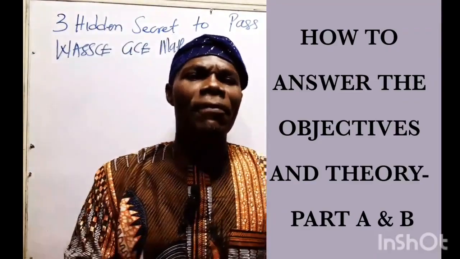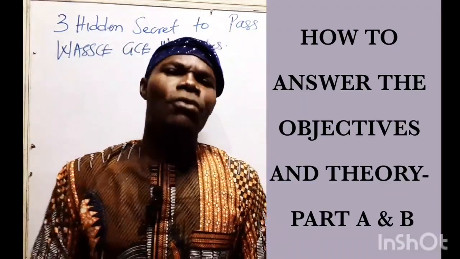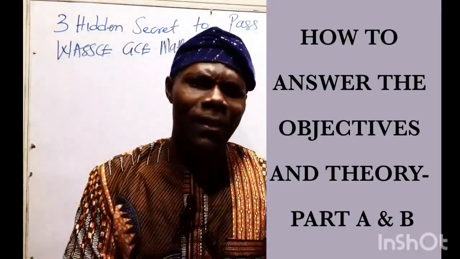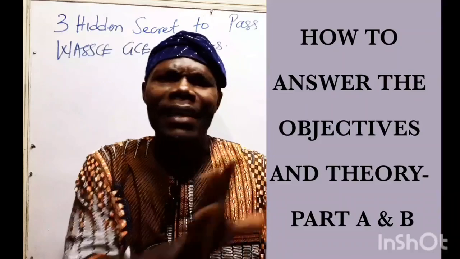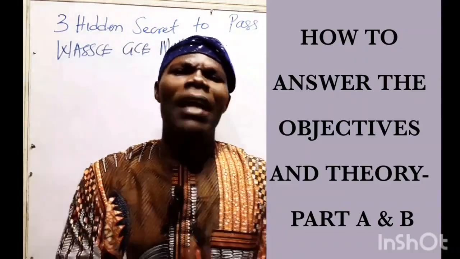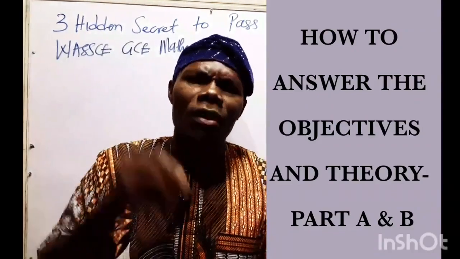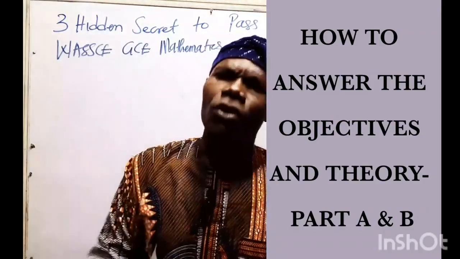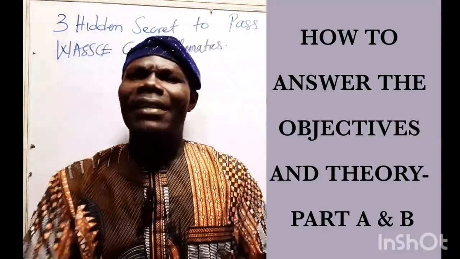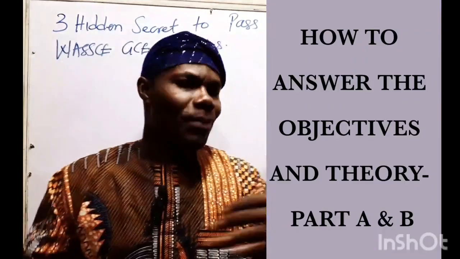So the remaining 15, you can still discover that you know 6 out of it, meaning there is a tendency for you to score 40. That is why in mathematics objective, you must start with the questions that you believe you know very well. That is the secret in answering questions in objective.